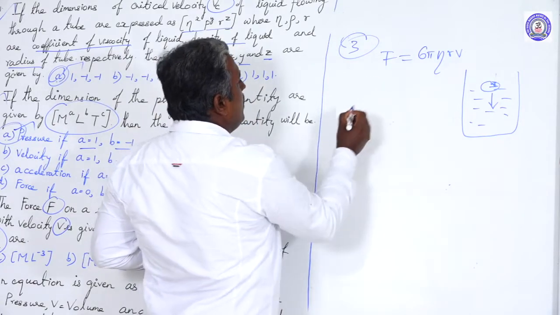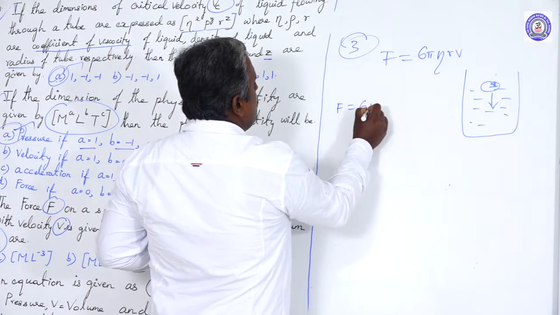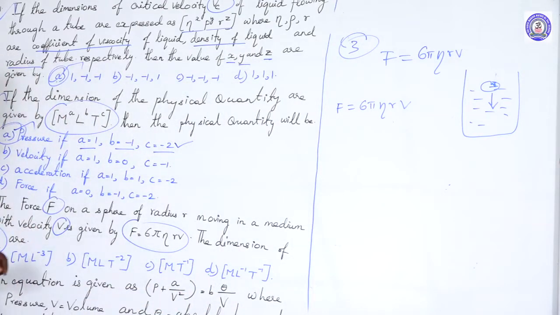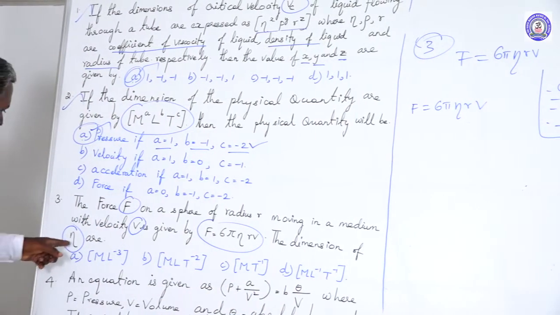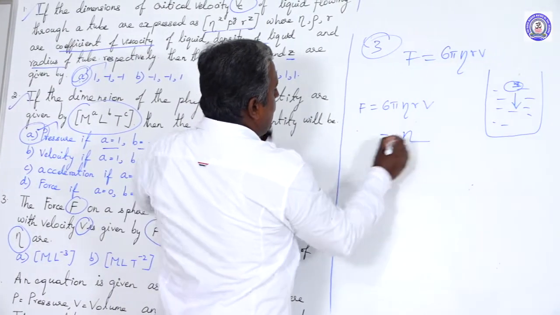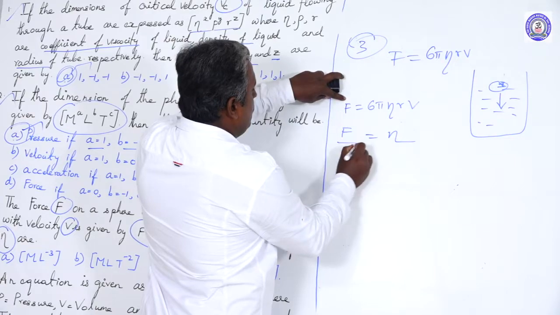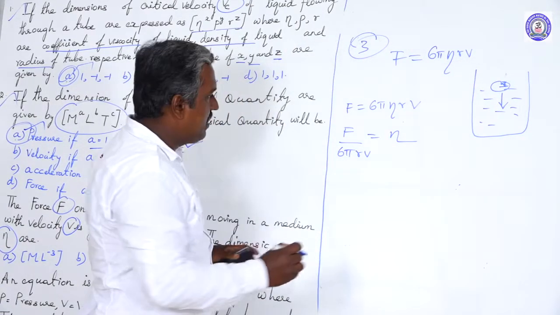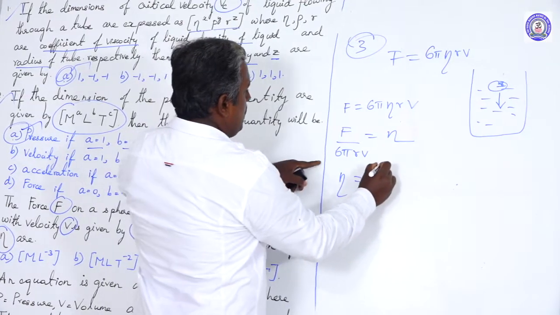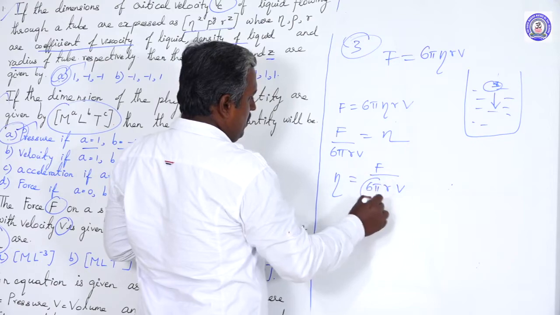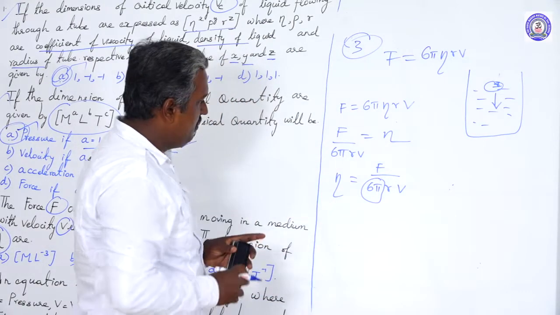So F is equal to 6 pi eta rv. Here asking dimension of eta. So eta is equal to F by 6 pi rv, clear? This is another constant, leave it, no problem.